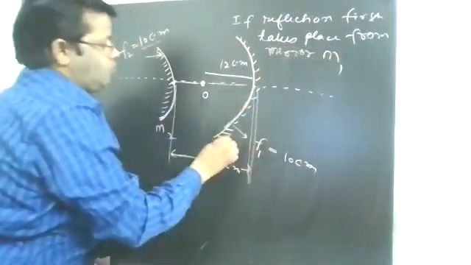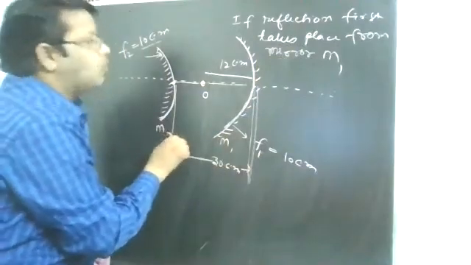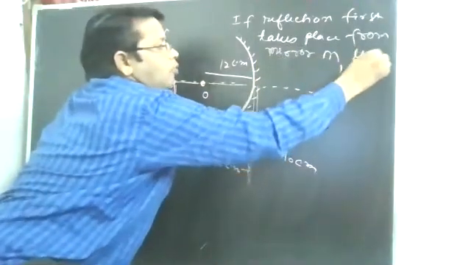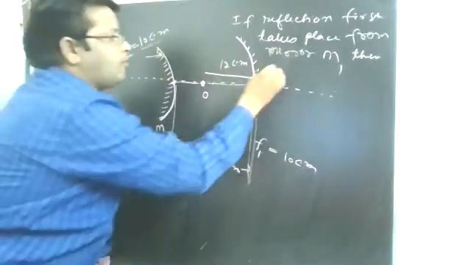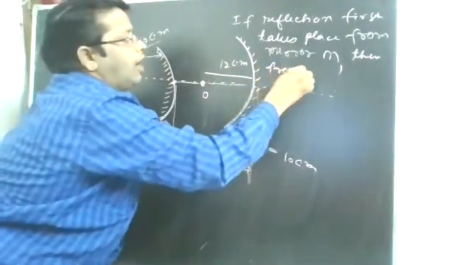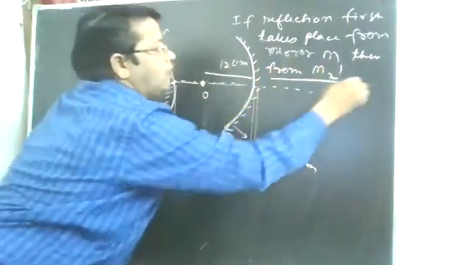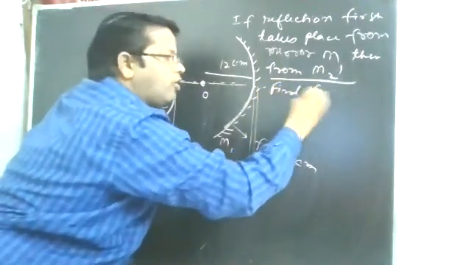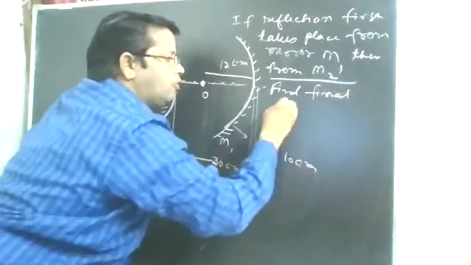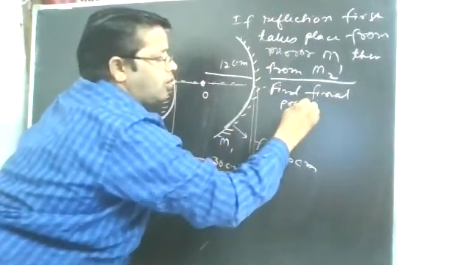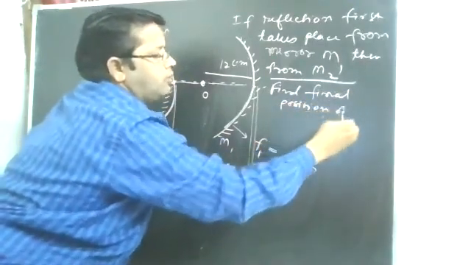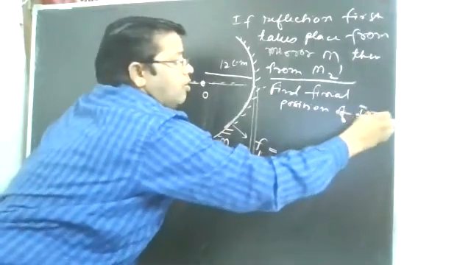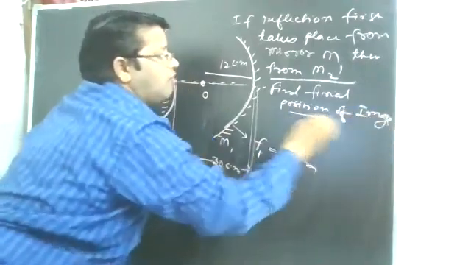This is mirror M1 and this is mirror M2. Then from M2. Find the final position of image, and draw the diagram.